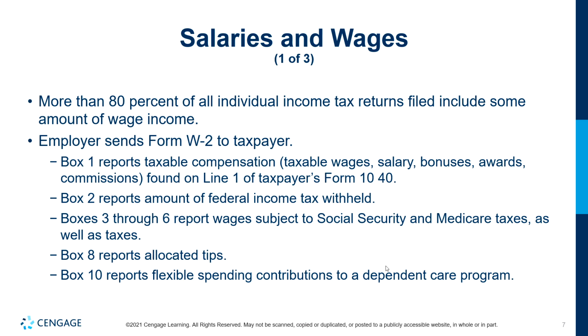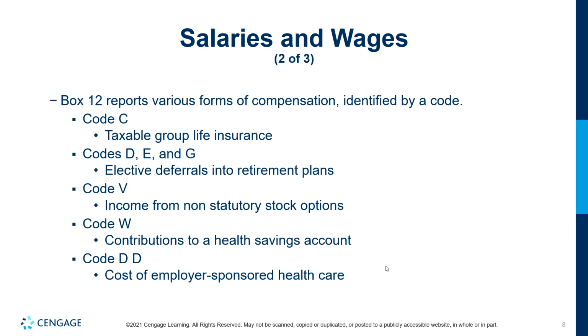Box 8 reports allocated tips. Then we got box 10, which reports flexible spending contributions to a dependent care program. That's very key because that could be a potential deduction for the dependent care.